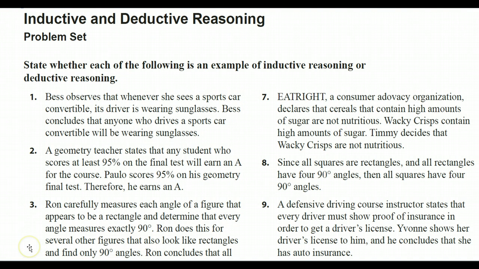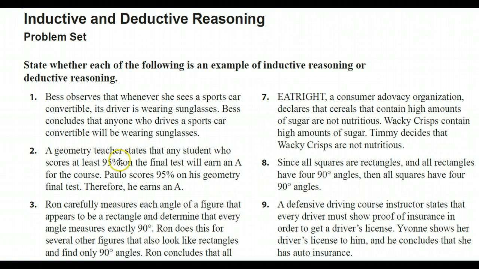It says, a geometry teacher states that any student who scores at least 95% on the final test will earn an A for the course. And Paulo scores 95% on his geometry final test. So that's going to be an example of deductive, and if you look at the first sentence, it's a general statement.